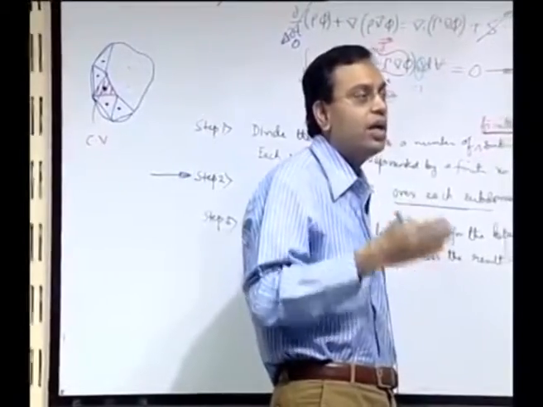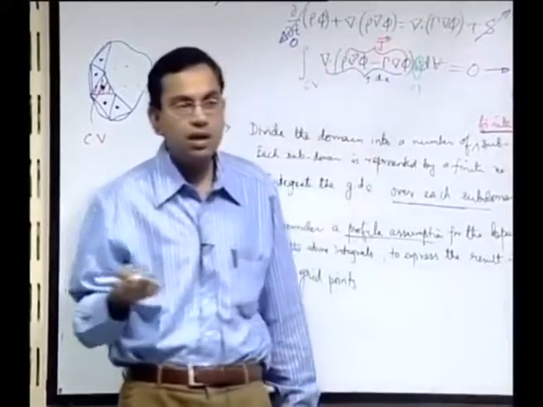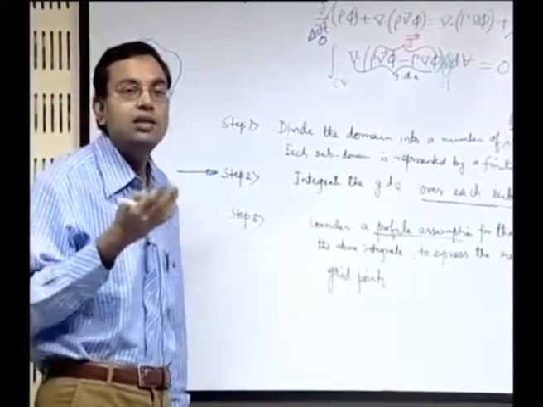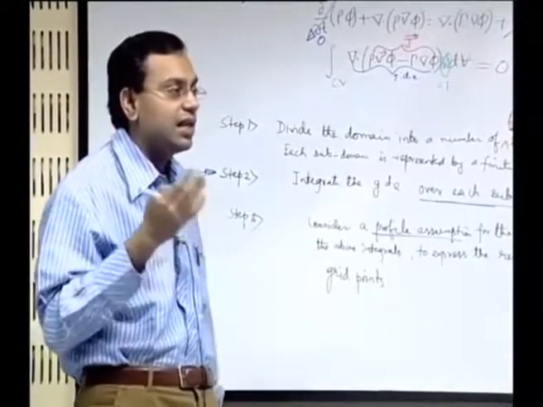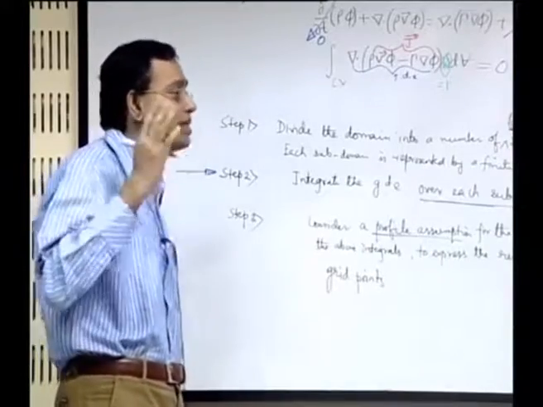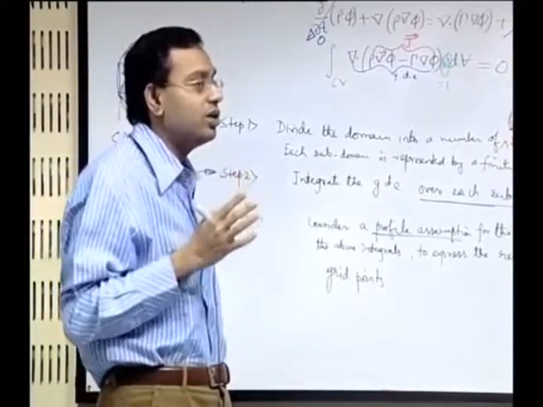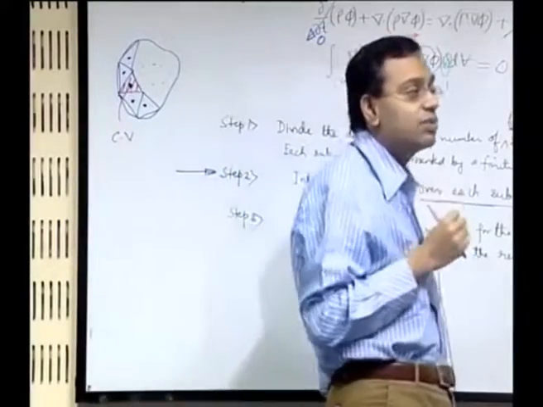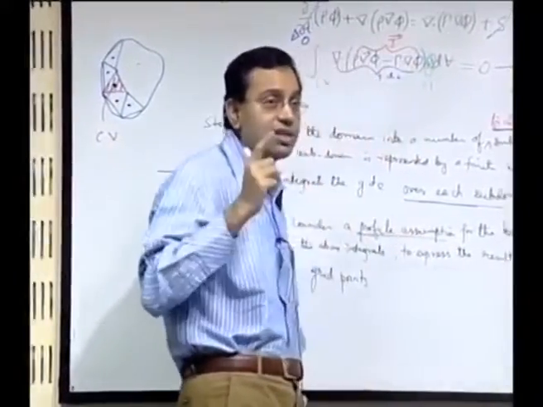If you look into any commercial software that solves fluid flow and heat transfer problems, all these softwares are written using the finite volume method as their basis. So there must be something in the finite volume method which is good for fluid flow, heat transfer, mass transfer types of problems. And what is that thing?